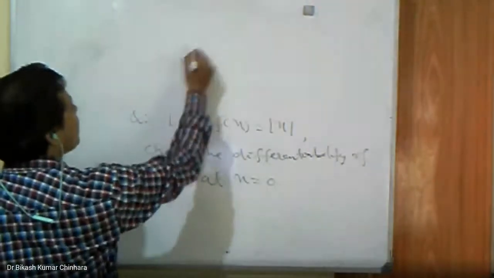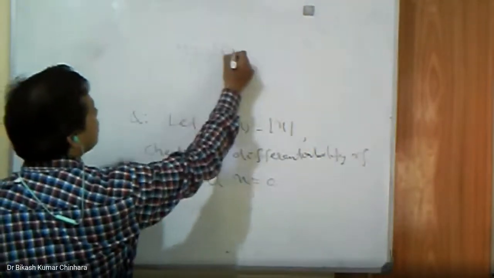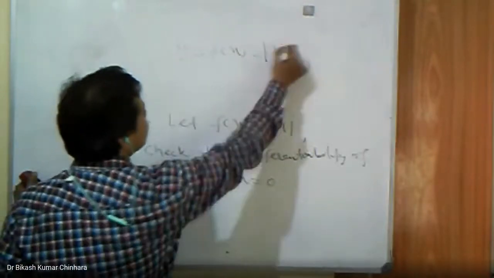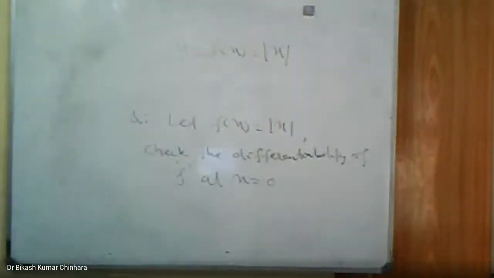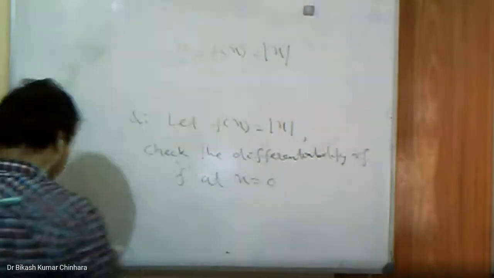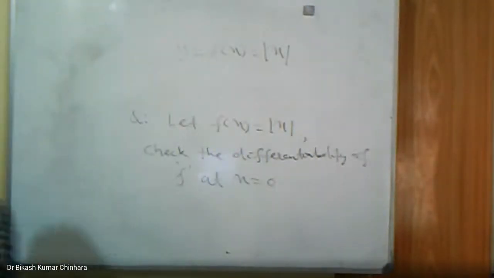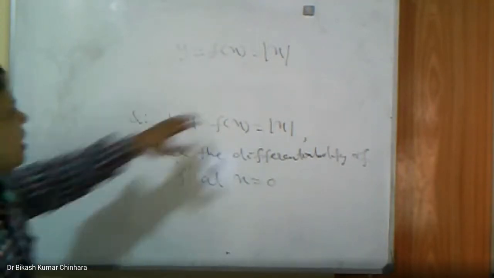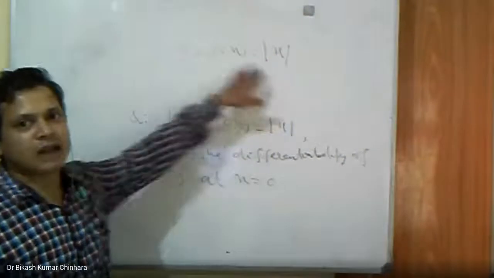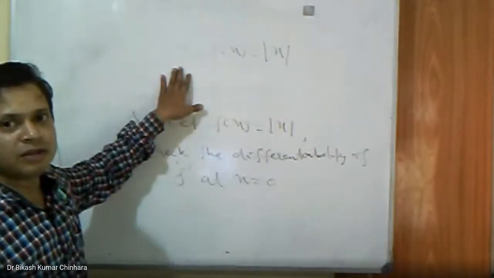You write y is equal to f of x, that means here it is mod x. What is its graph? You plot this graph. How are we plotting? You take any value for x and accordingly get the value for y, and you plot.